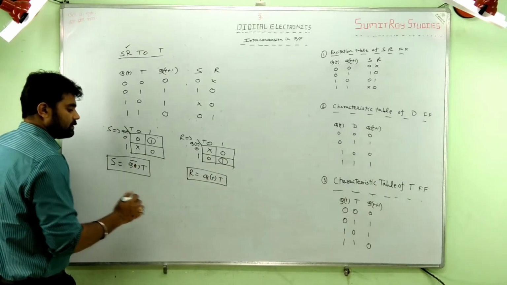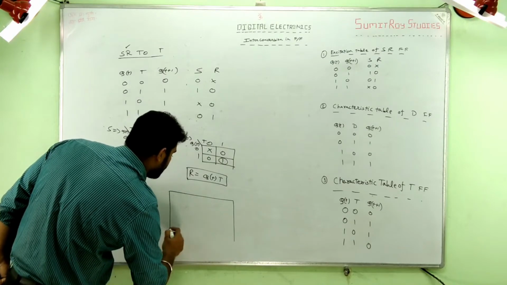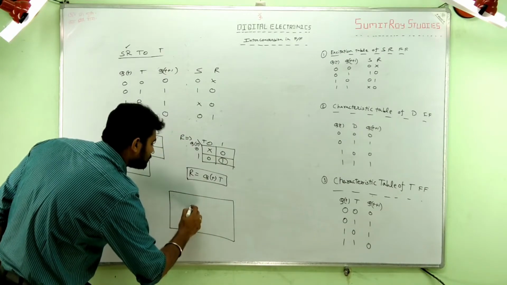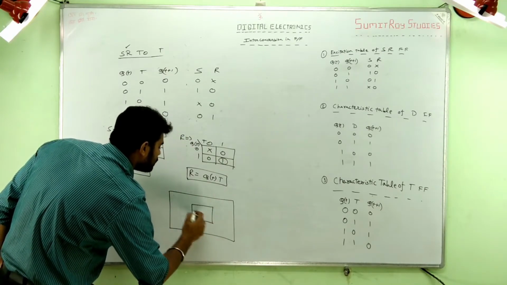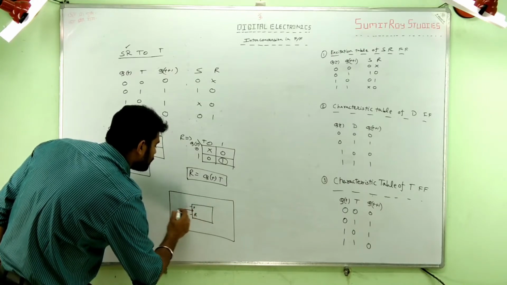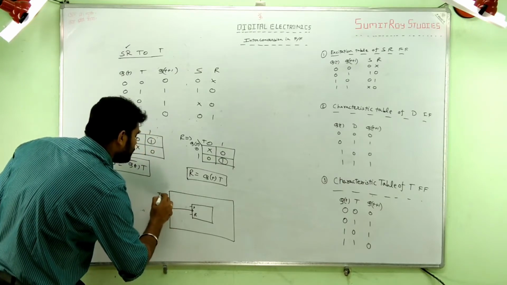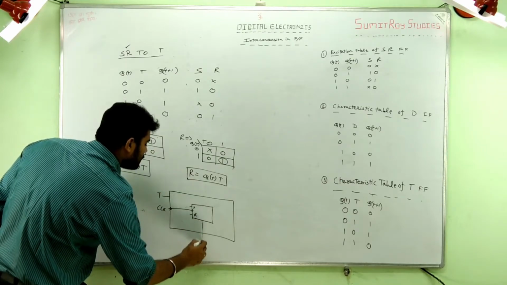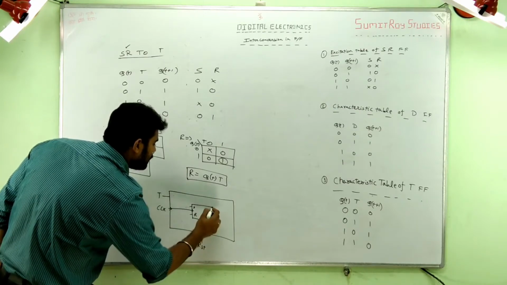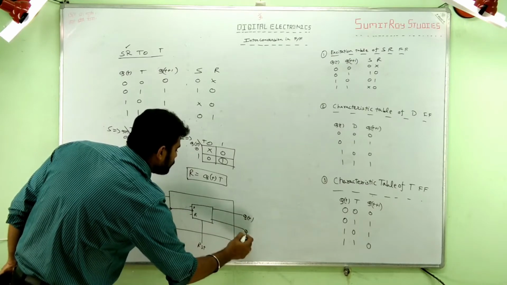So based on this, what we can do is again draw the complete bigger picture. That is, this SR flip-flop, there is a clock, there is the T input, there is reset, and QT and QT bar.